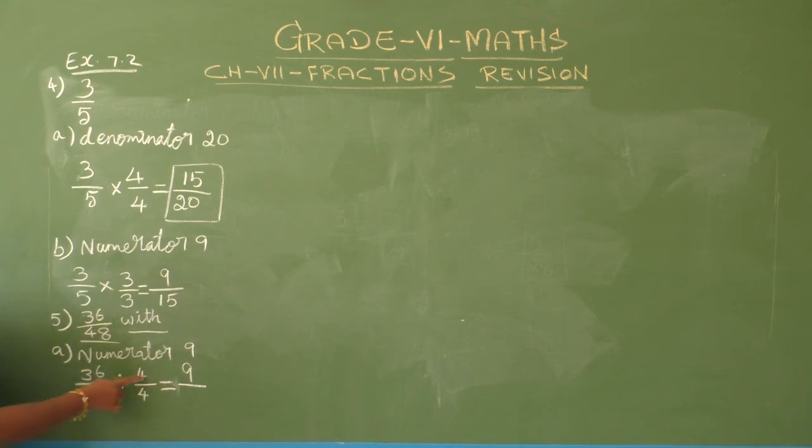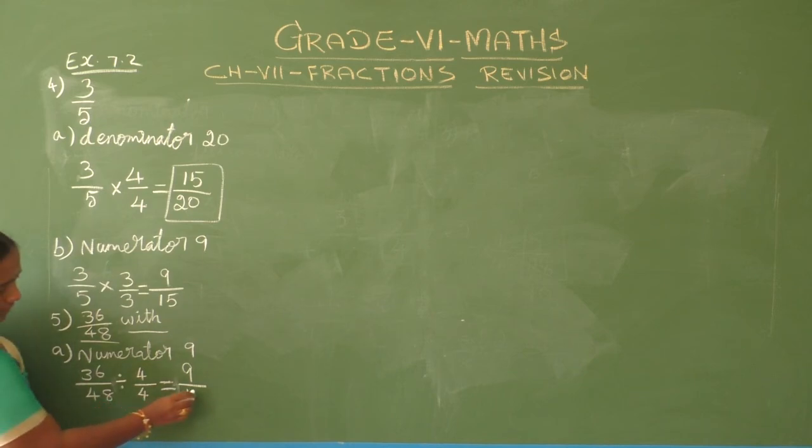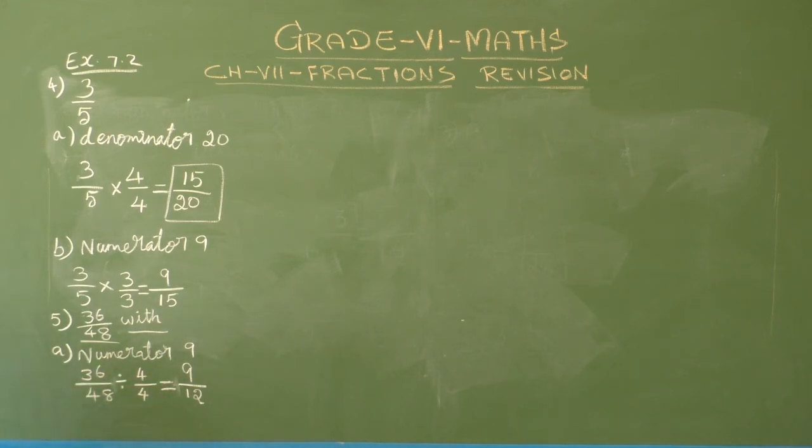We divide this 36 by 4, which means 9 will come. Then here 48 divided by 4: 4 4s are 16, 1 time it will come. Then how many 4s are there? 2 4s are 8. So 12. So 9 by 12 is the answer. Already they gave the numerator. Now we find the denominator. Okay. Then we go to the next one.